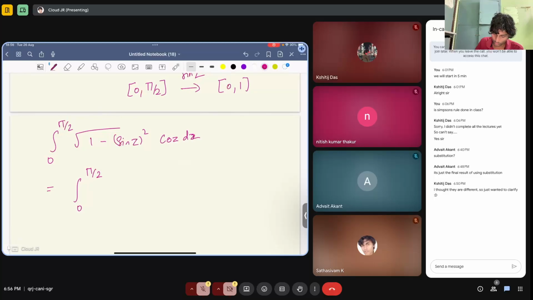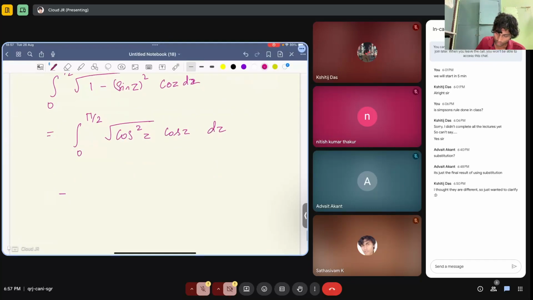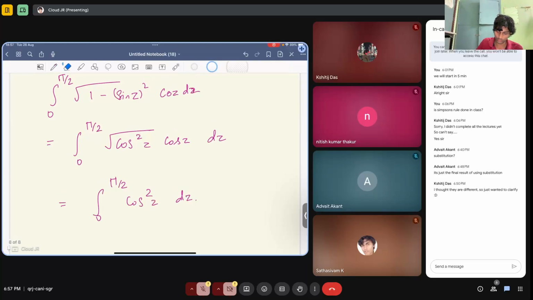So this will be the square root of cos square z dz. Sorry, not cos square z, it is cos z dz, or in some sense the absolute value of cos z dz.